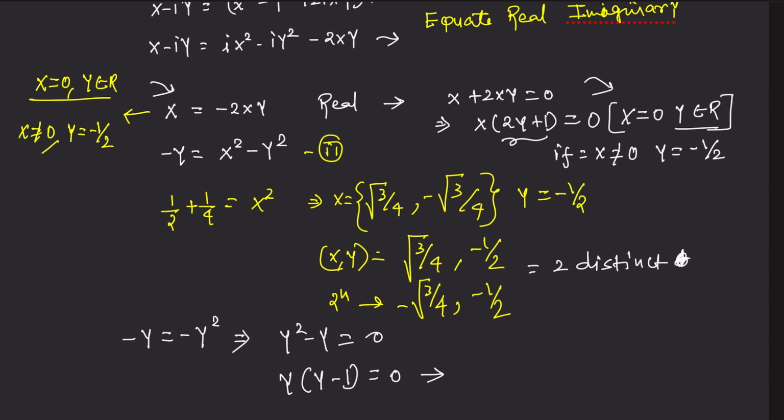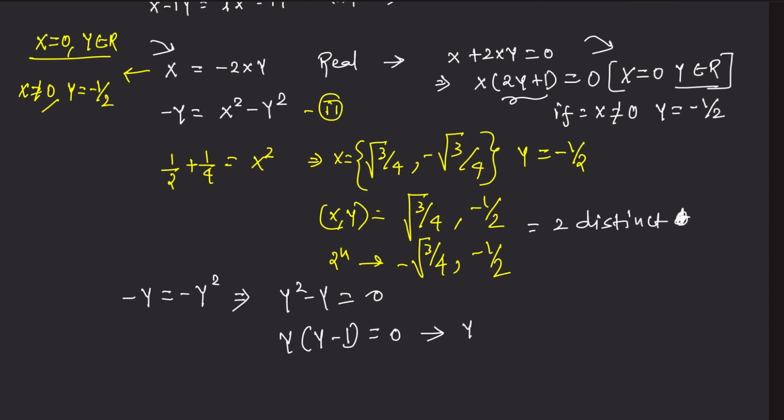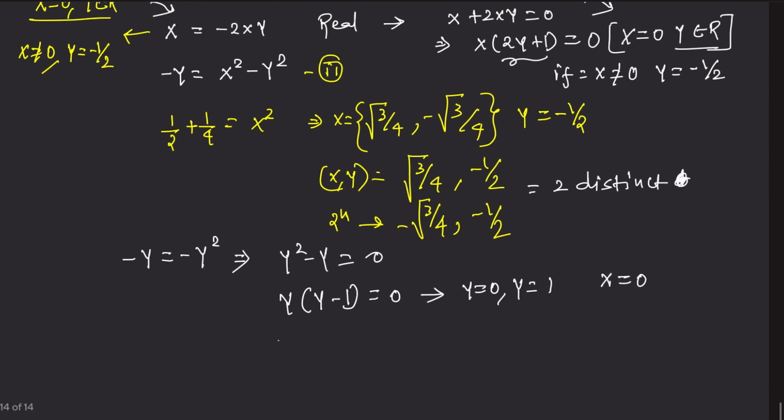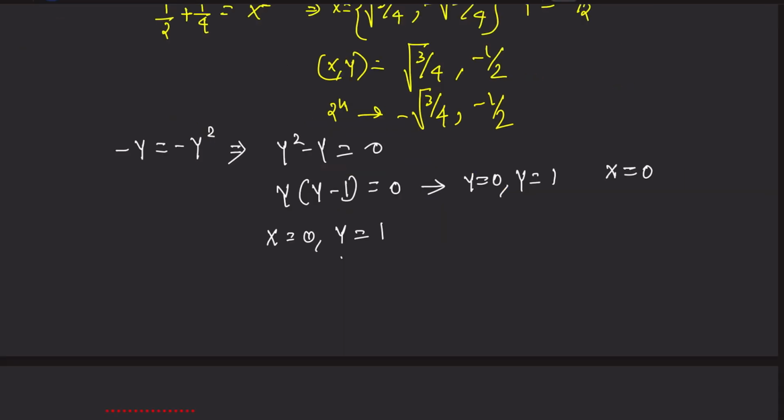That gives y equals 0 and y equals 1. This is valid only when x is equal to 0. So the next xy pairs are x equals 0 and y equals 1, and x equals 0 and y equals 0.